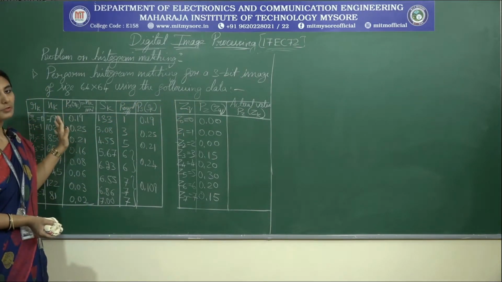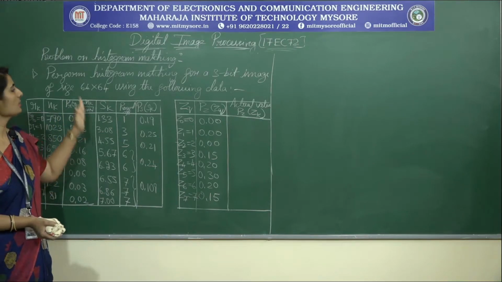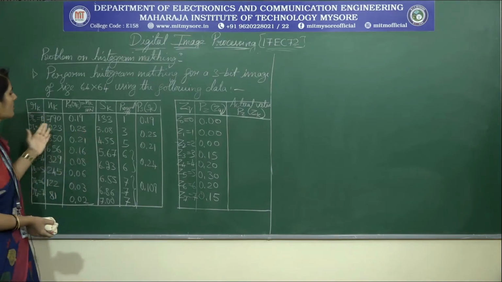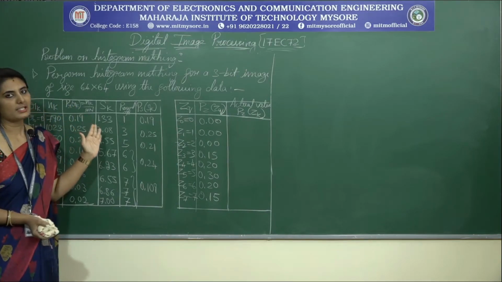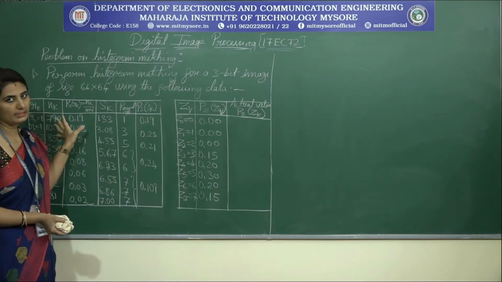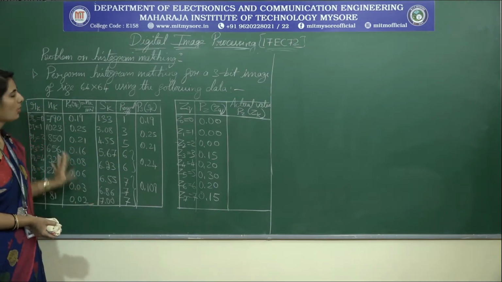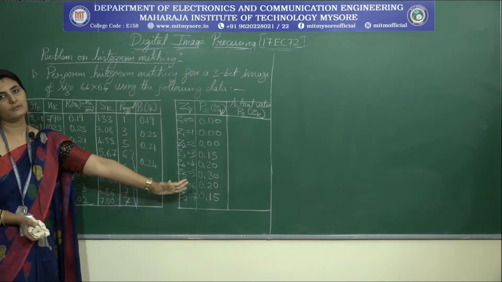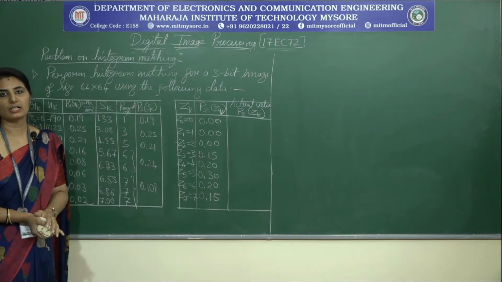We have performed histogram equalization for this same image in my previous class, so histogram matching is just the continuation of that. That means we are using the same values of histogram equalization for finding the actual values in histogram matching.